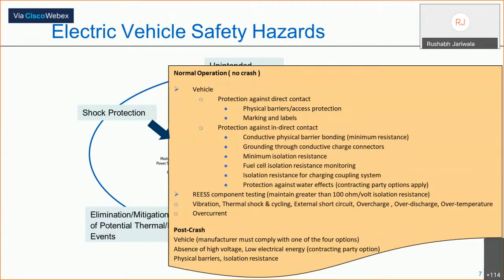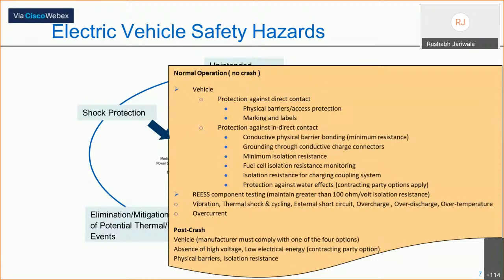So how do you design a system in which, although the complete vehicle is metallic, these things still remain isolated from the metal body that the passenger is going to directly contact, so that it does not create a shock hazard to anyone?